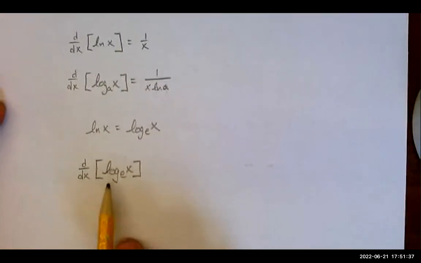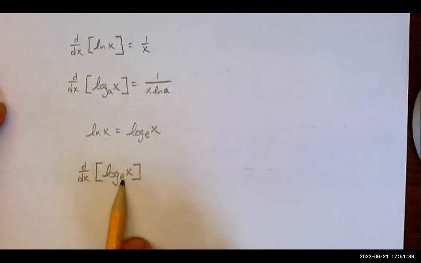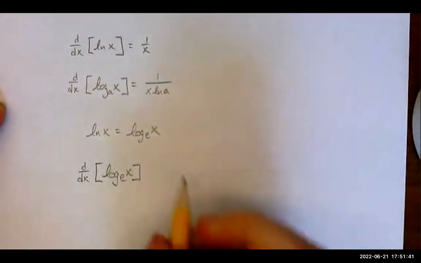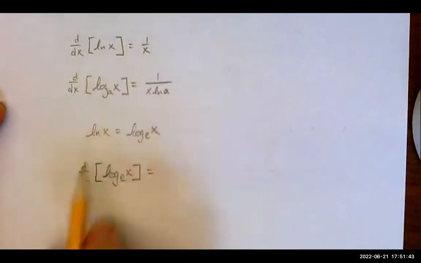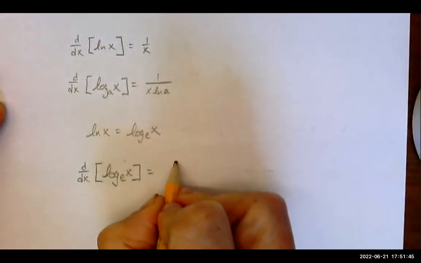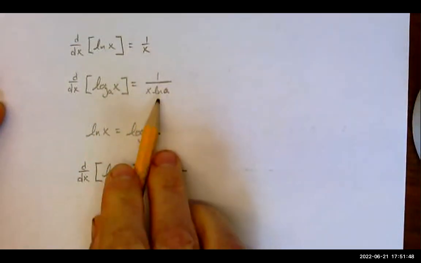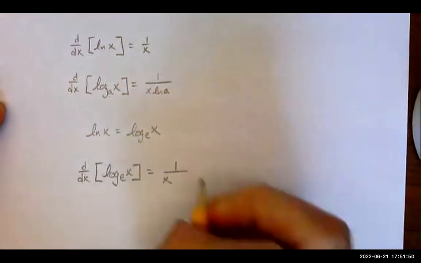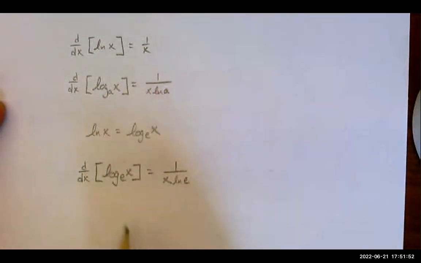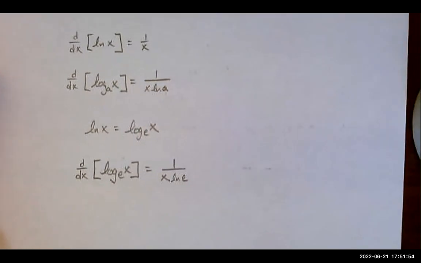The derivative of the log of x with base e should come out as 1 over x, right? But we're going to use our other rule. So let's see, what would this tell us? 1 over x times the natural log of our base here, which is e. Okay, so that's following this rule. Is that really the same as 1 over x?